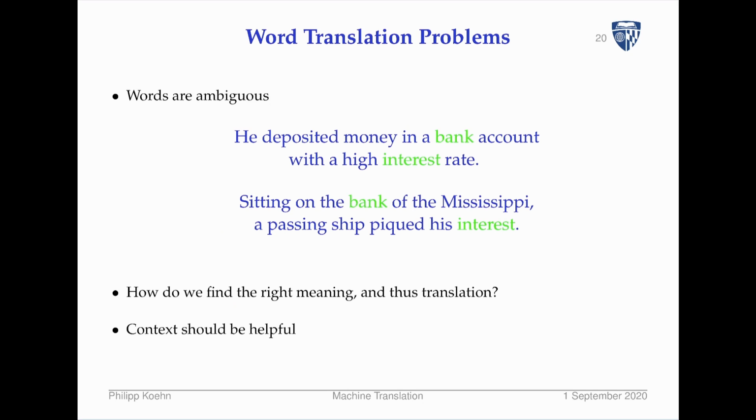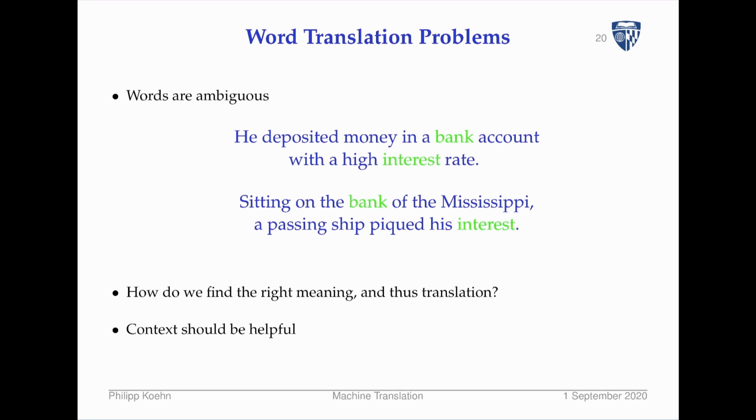So the first sentence: he deposited money in a bank account with a high interest rate. You have bank here as a financial institution and interest rate as the fee that's being paid for a loan. And the other sentence is: sitting on the bank of the Mississippi, a passing ship piqued his interest, where bank here is the shore of a river, which has nothing to do with a financial institution.